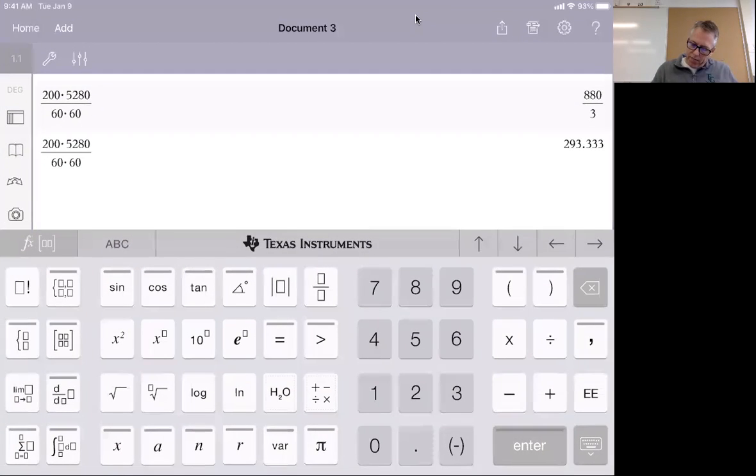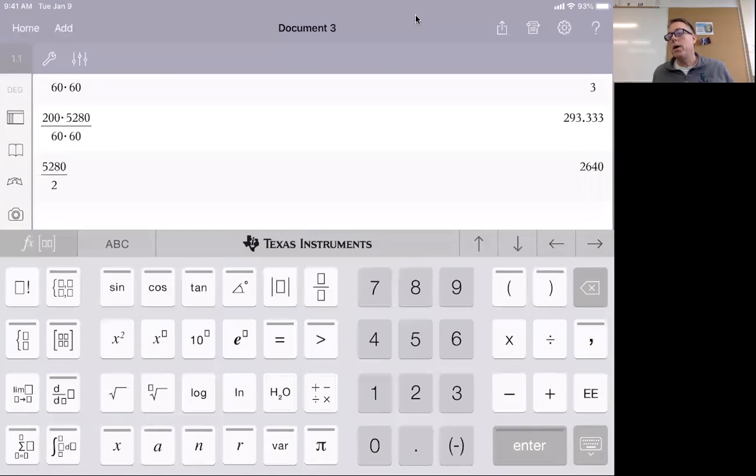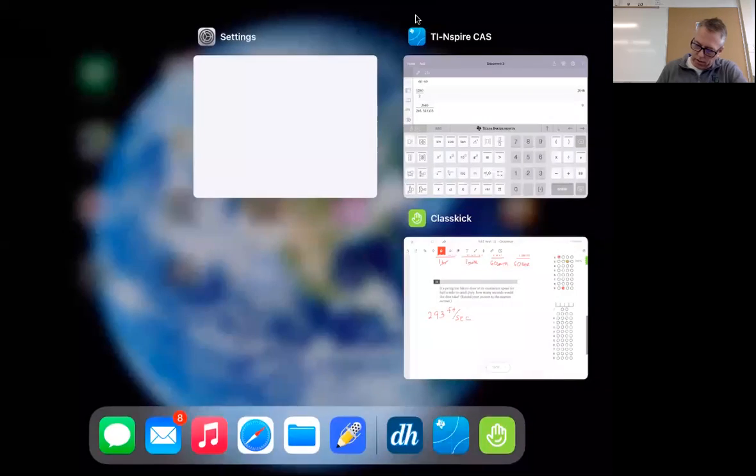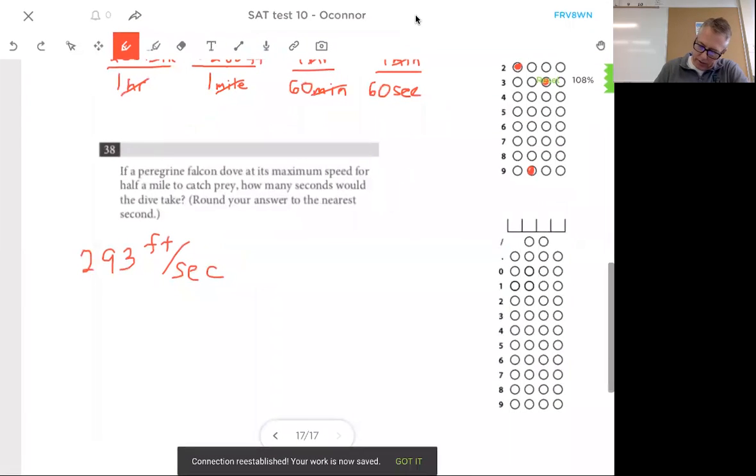So a half mile would be 5,280 divided by 2 would be 2,640 feet. And if he's going 293 feet per second, I'm going to divide that by 293 or 293.3 repeating. Either way, you'll get the same answer at 9 seconds. And so that then would take 9 seconds.